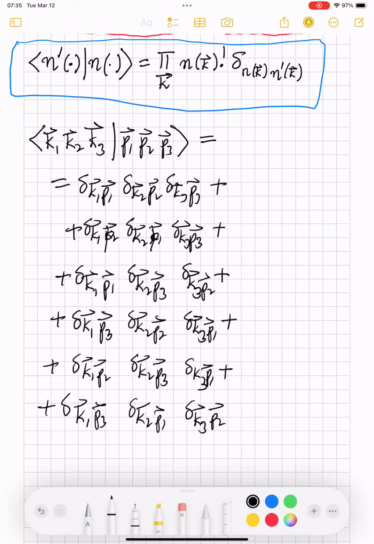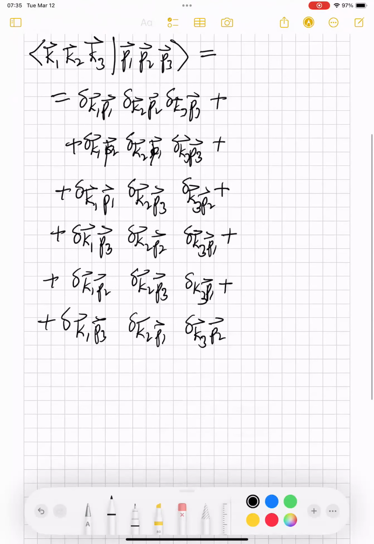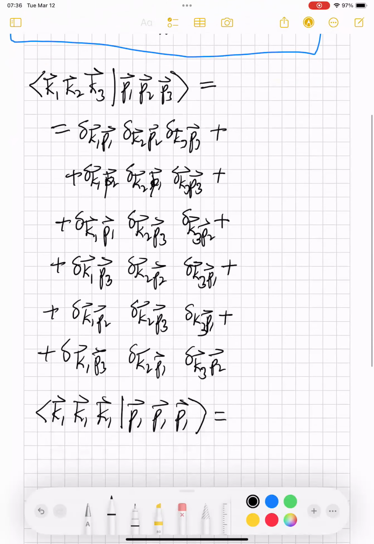Good. So what will this become if we take k1, k1, k1, p1, p1, p1? Well, then we should set all of the k's equal and all of the p's equal. And you can see that every single term just becomes a delta of k1, p1 times a delta of k1, p1 times a delta of k1, p1. Now, because these are Kronecker deltas, if I take a product of 3 delta k1, p1s, that's just the same as having 1 delta k1, p1.